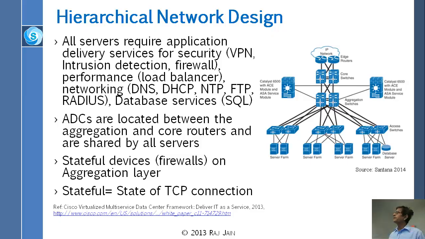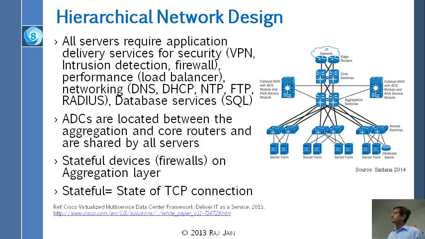We had a problem with this slide. The problem was, where do you put the appliances? In the data center, you not only have servers and switches, you also have other appliances such as VPN server, intrusion detection, firewall, load balancers, DNS, DHCP server, NTP server, FTP server, Radius server, and so on and so forth.